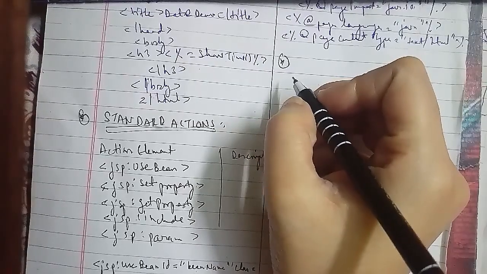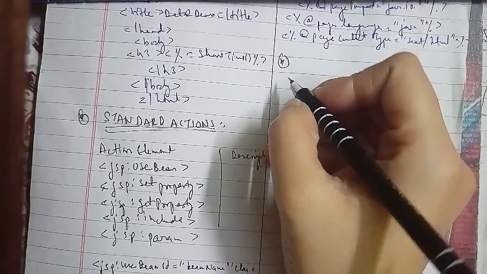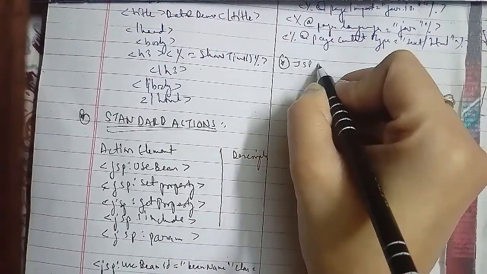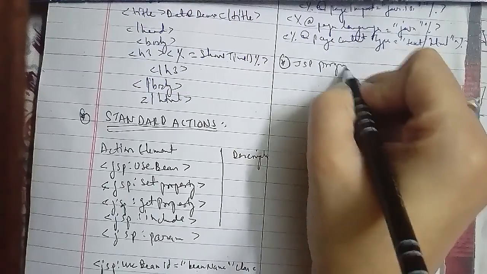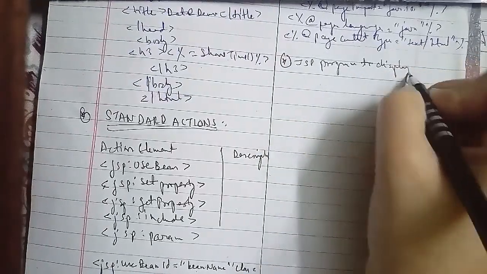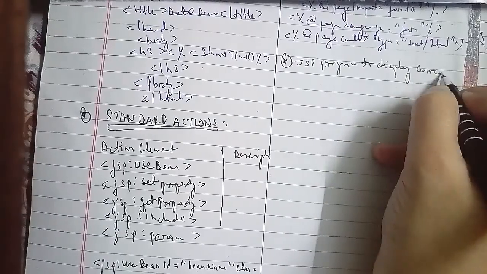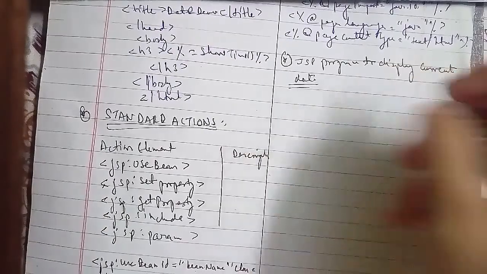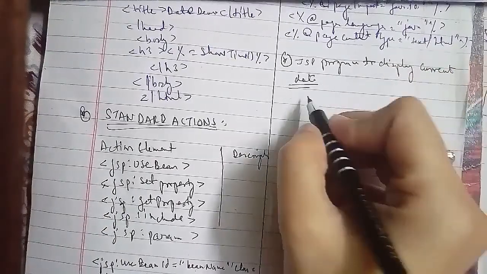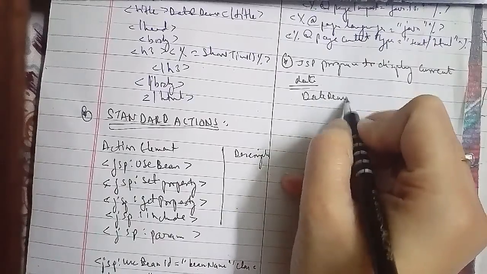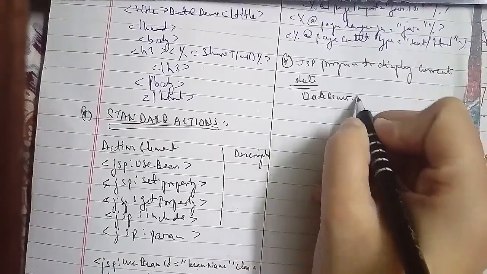So we are going to discuss a JSP program to display the current date. For that we have to write datedemo.jsp.